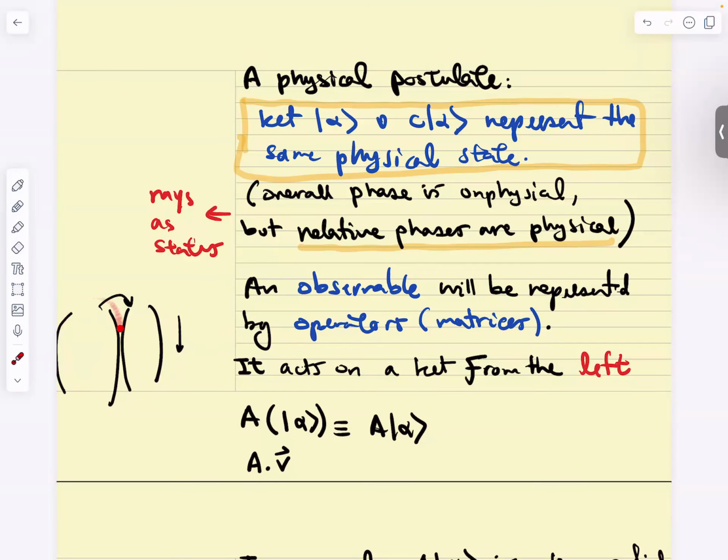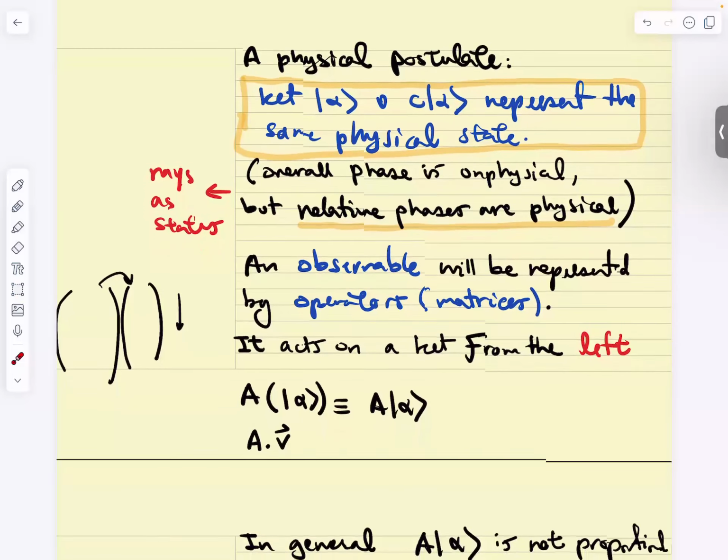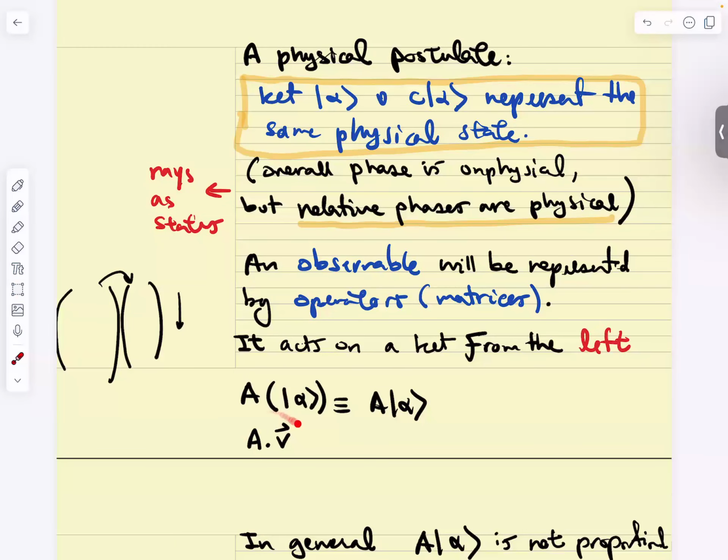So this is an observable that acts on the state and changes it to some other state. We said that observables can influence states, so this is how we're going to represent it. You could use the vector notation like this. It's ill-advised. The good notation to use is Dirac notation, which is A ket alpha.